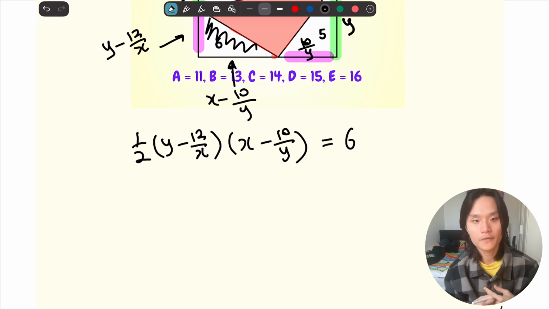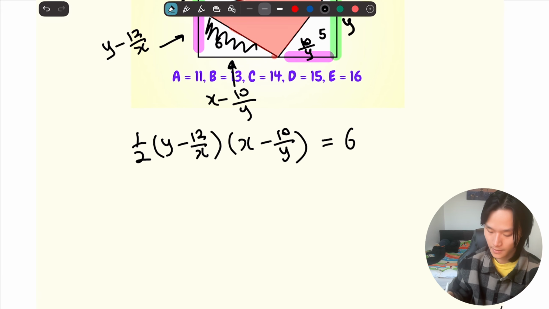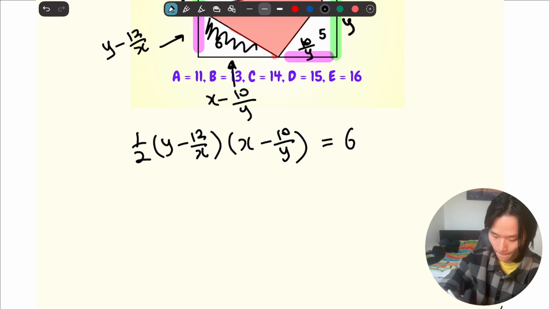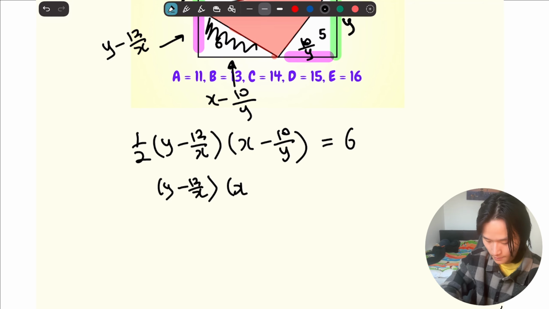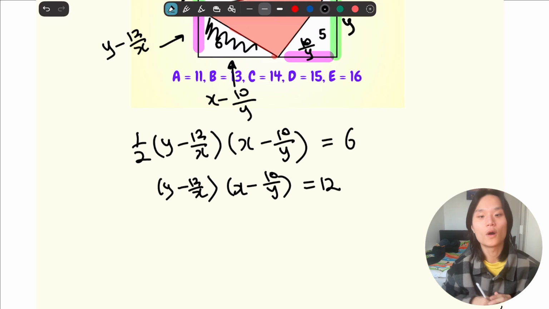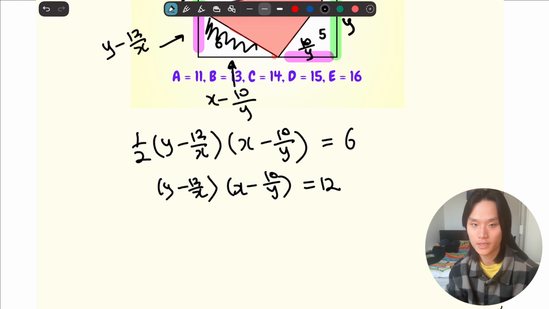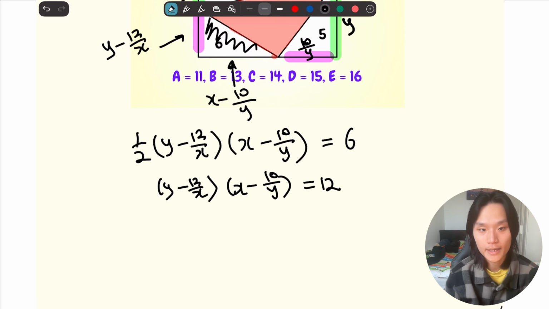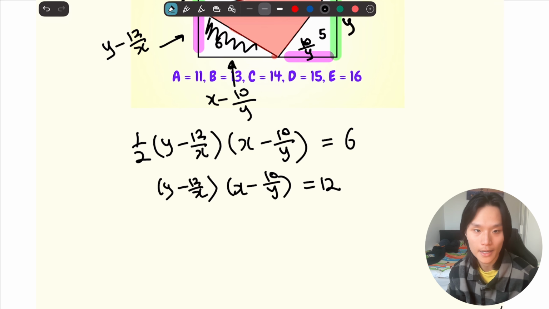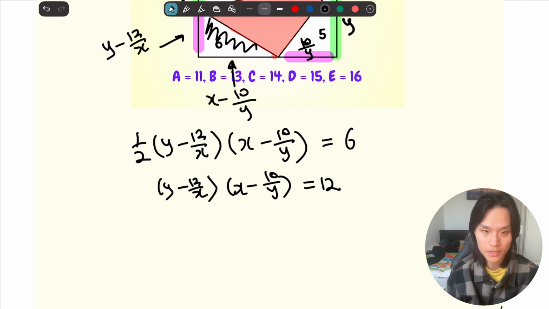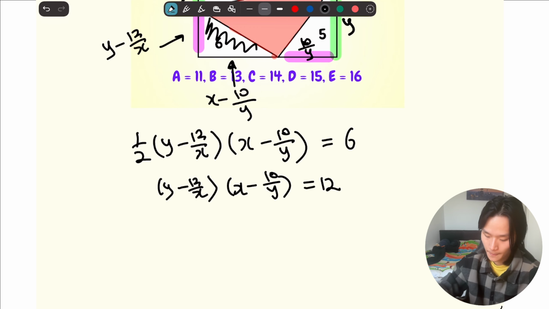So we have a half. We multiply both sides by 2. y minus 12 over x, times x minus 10 over y, that is 12, because 6 times 2 is 12. And then what we want to do next is to multiply the whole expression by xy.